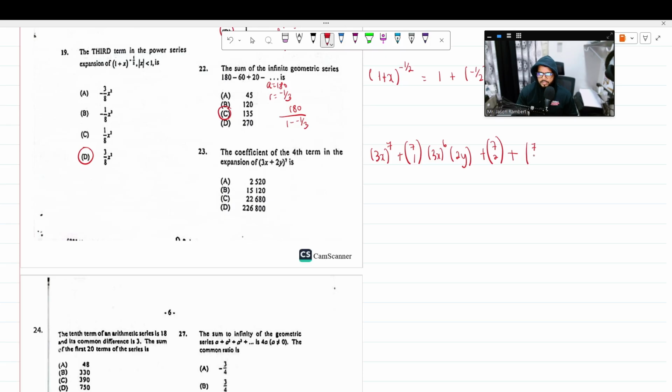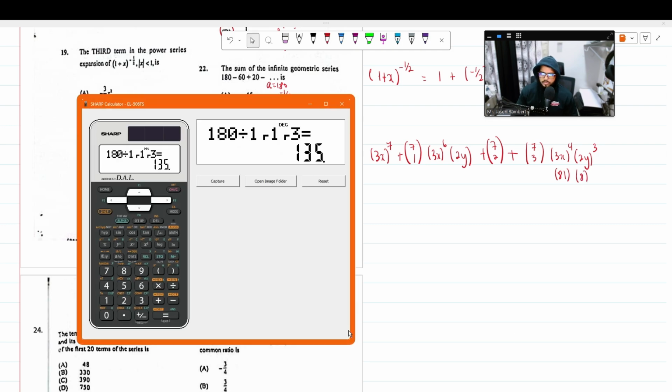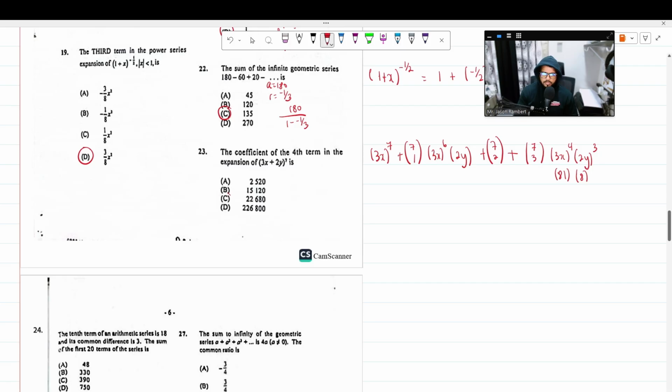The fourth one is 7c3, 3x to the power 7 take away 3 is 4, 2y to the power of 3. I'm not concerned with the variables. 3 to the power 4 is 81. 2 cubed is 8. And 7c3 is 35. 35 by 81 by 8 is 22,680. C is the answer.